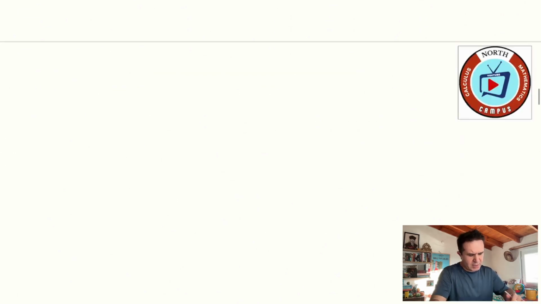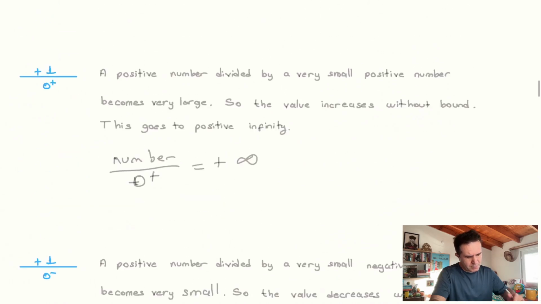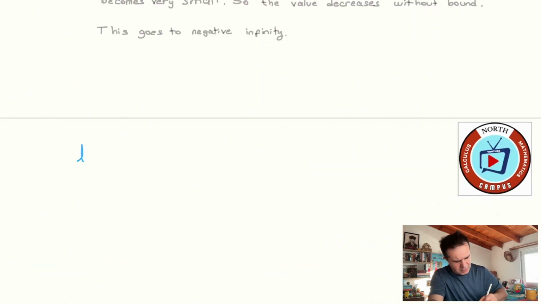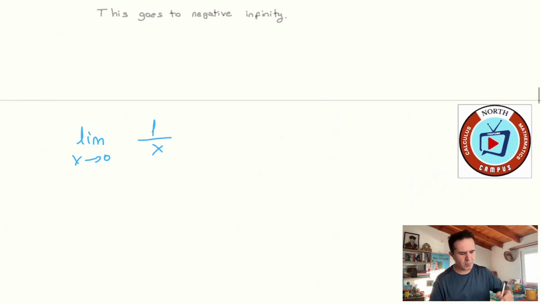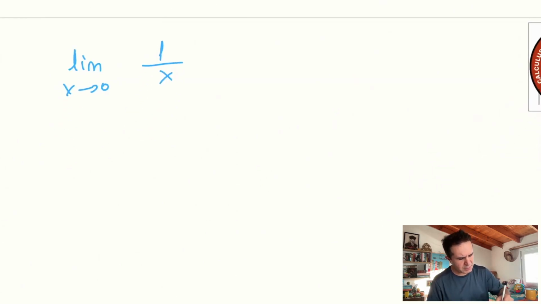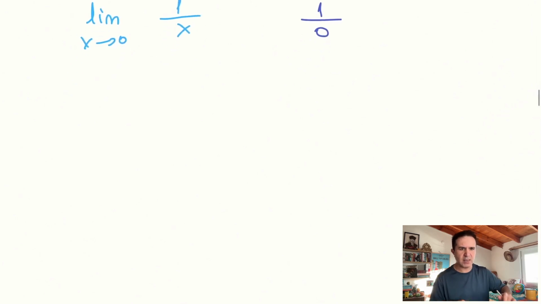Now, to solve the limit as x goes to 0 of 1 over x, firstly we should substitute 0 here, but if you substitute 0, the denominator is 0, so we cannot use direct substitution. For that reason, we should approach the limit from the right hand side and left hand side.